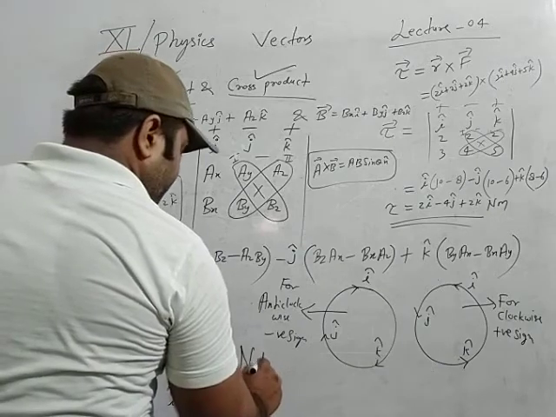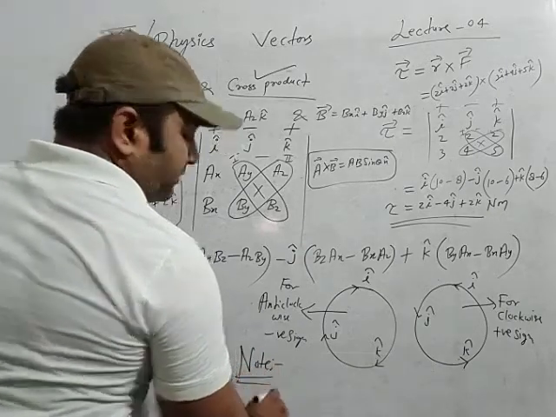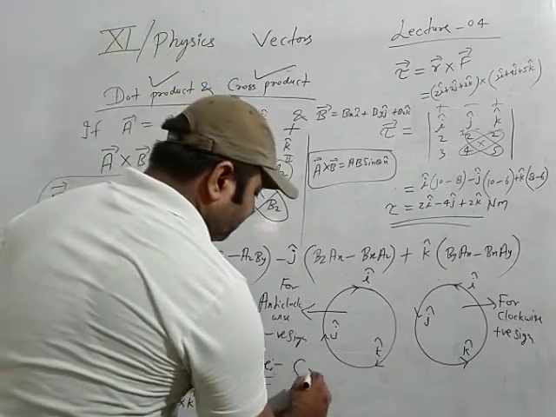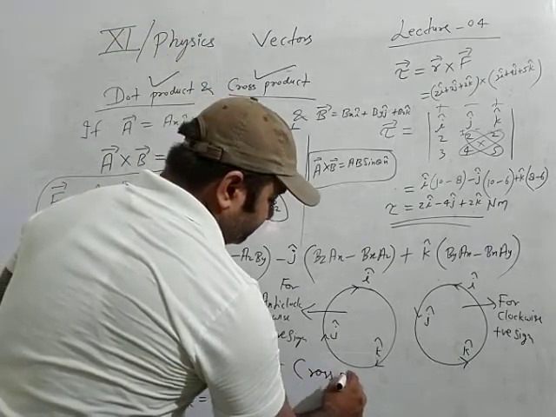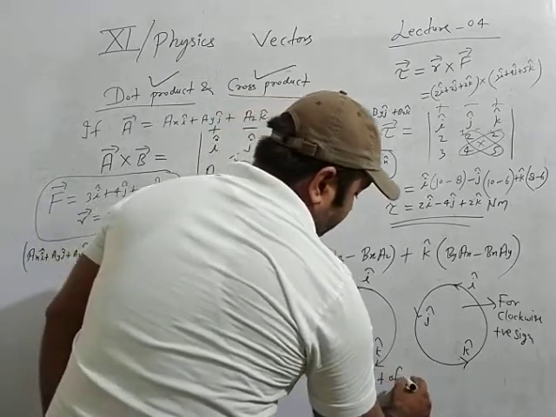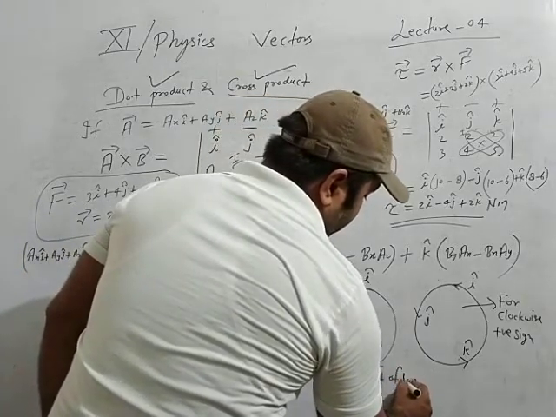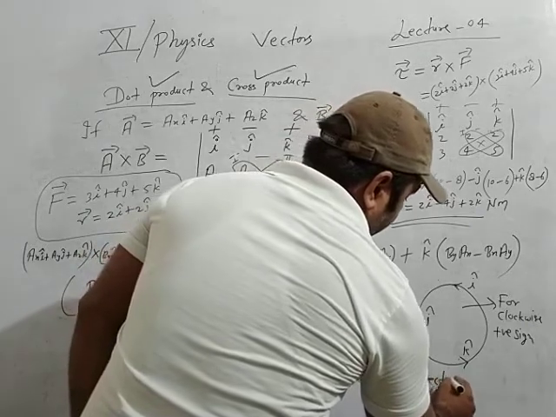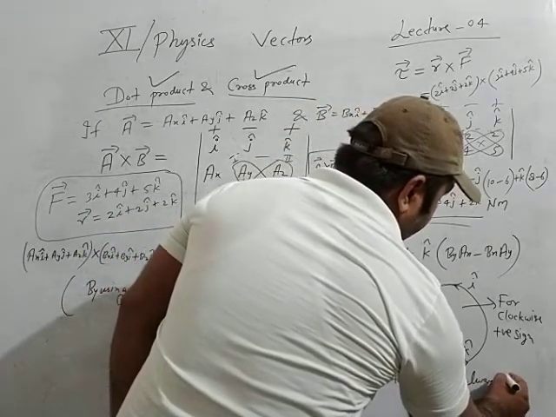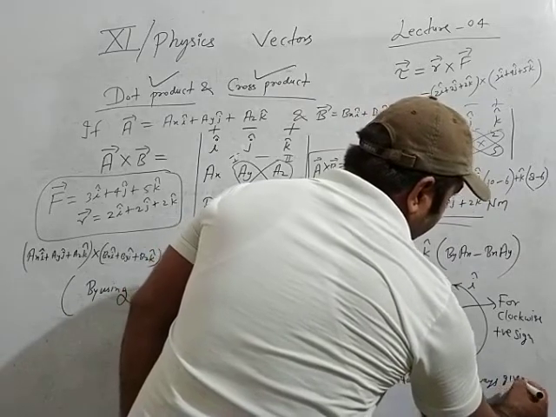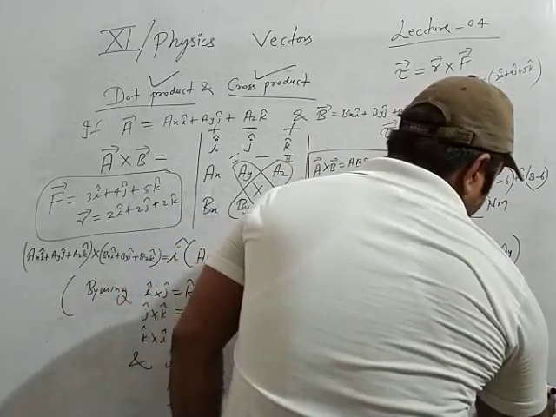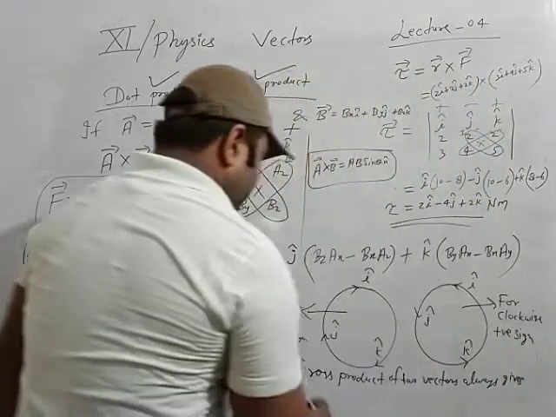And always remember this note point: the cross product of two vectors always gives a vector quantity.